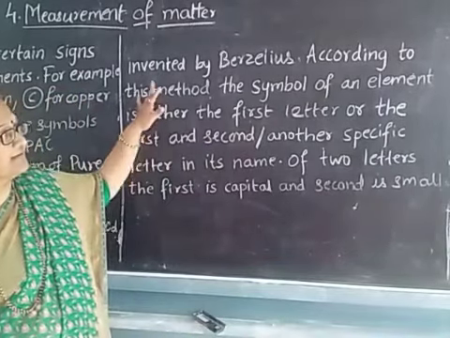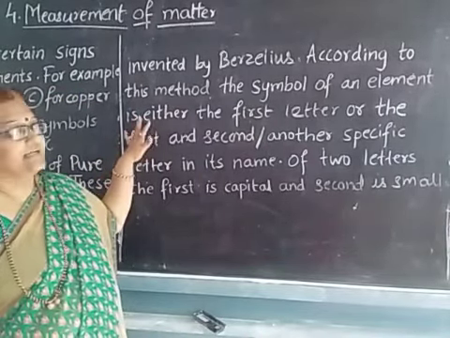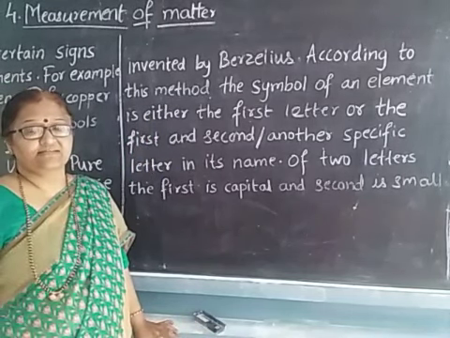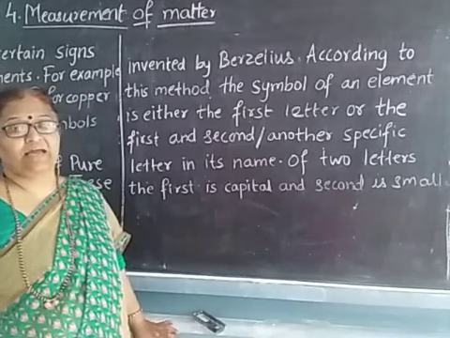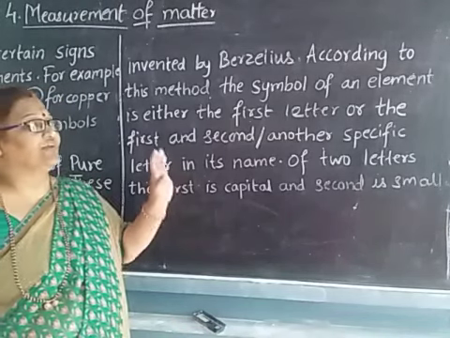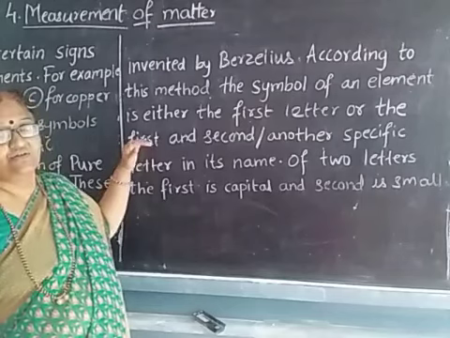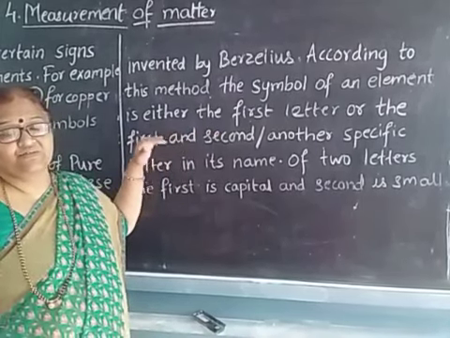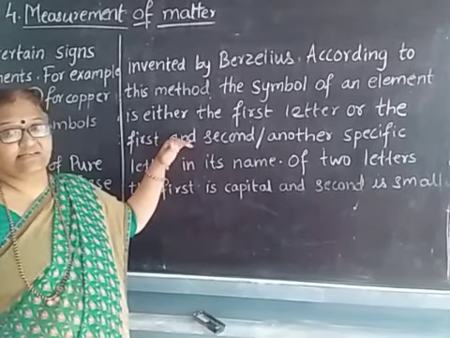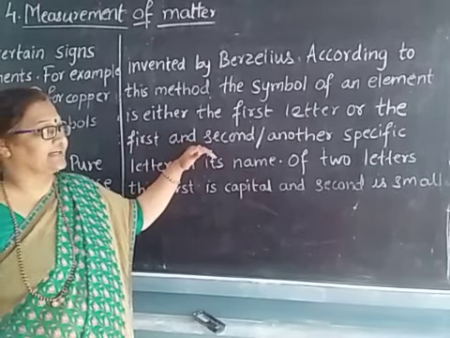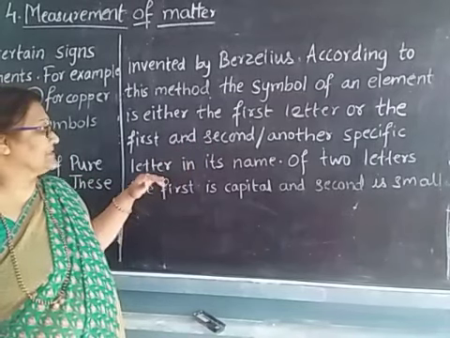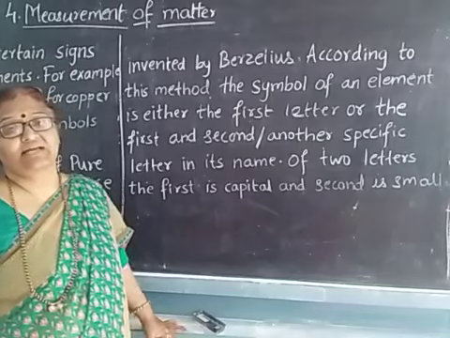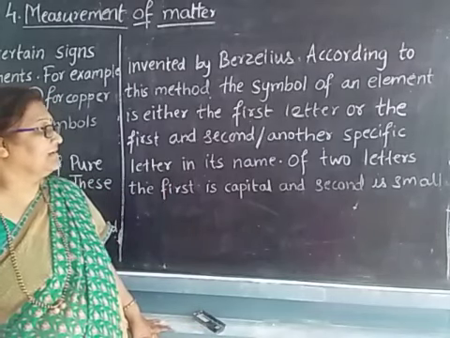According to this method, the symbol of an element is given by its first letter, or by the first and second letter of its spelling, or by any other specific letter in the name, or the element is given another specific name.